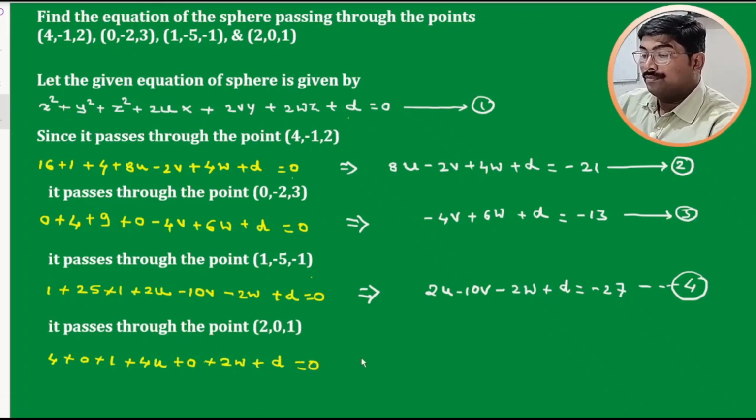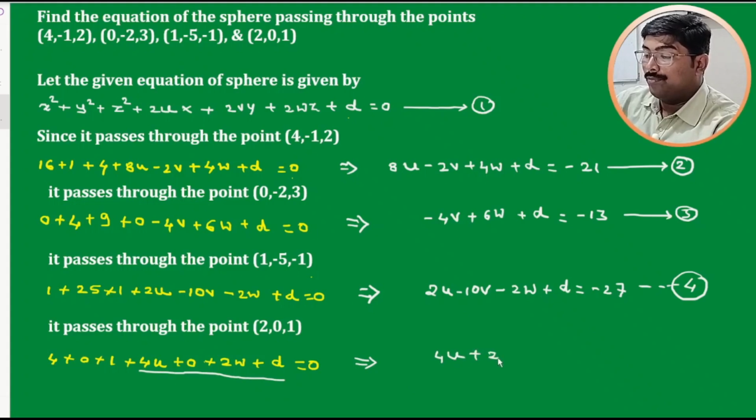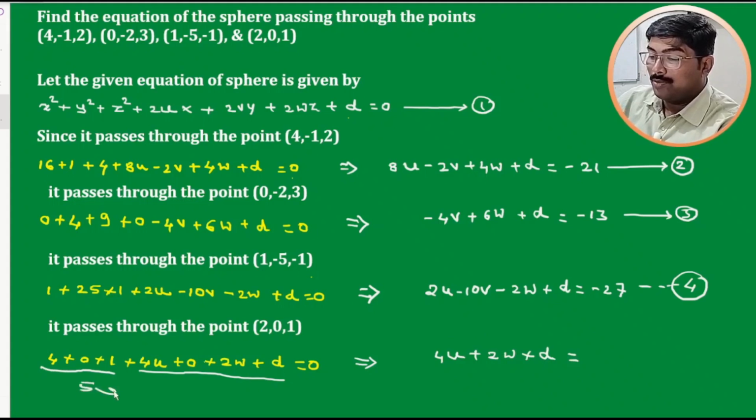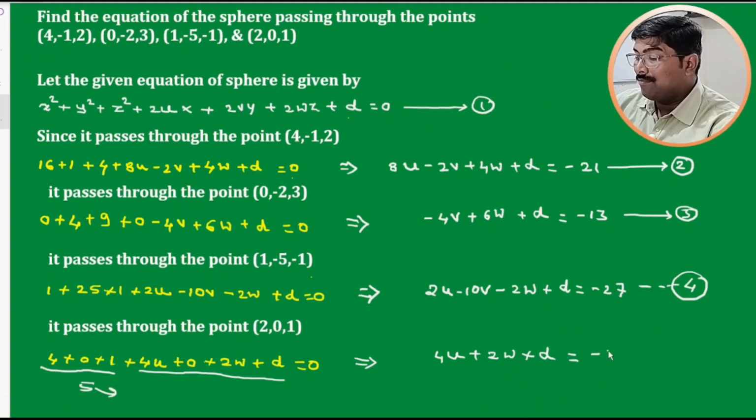Now we can also write it as, first I will write 4u plus 0 plus 2w plus d. So I will write that is 4u plus 2w plus d, that is equal to, you have to add this 4 plus 0 plus 1 is 5 and transpose this 5 to the right hand side, you will get minus 5 and say this is equation number 5.